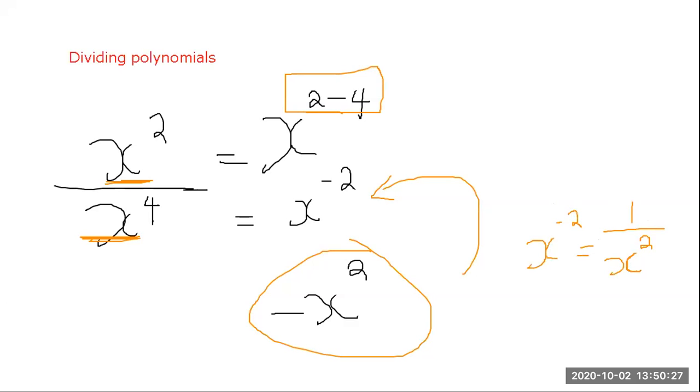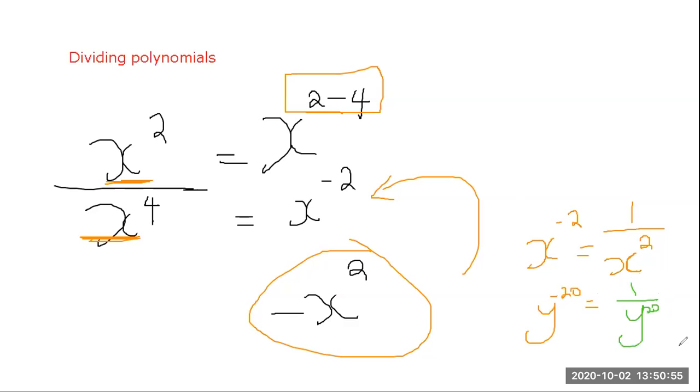Yes, that is correct. Okay, so if I have, say for instance, another one, y to the negative 20, and I want to make this a positive, I just put 1 over y to the 20th power. That's basically it.